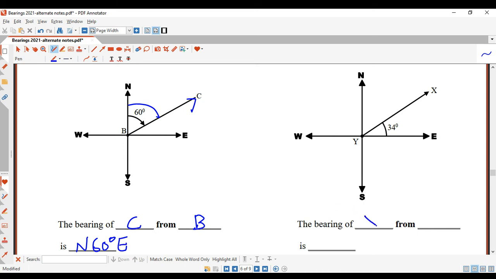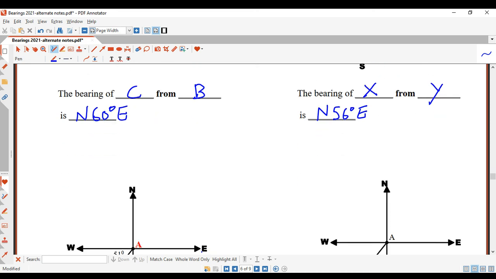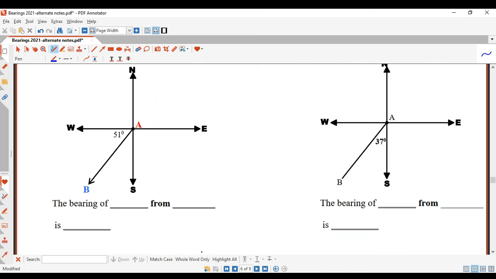The bearing of X from Y. Now I need to measure the angle between the north line and the ray. Remember this is the ray just here. So this is 56 degrees there. So bearing of X from Y is, first of all, north, then 56 degrees east. All right, copy that down. Let's try the next one.